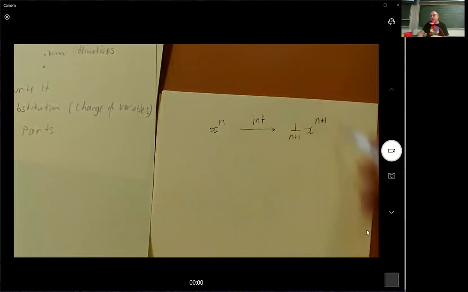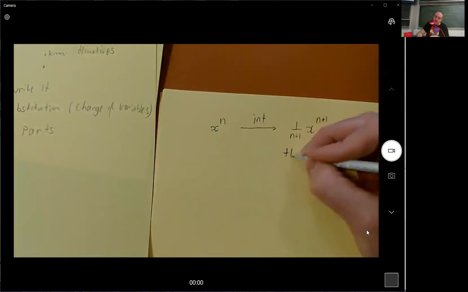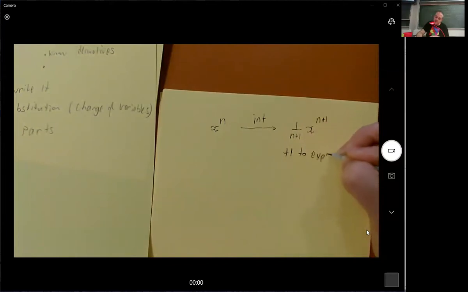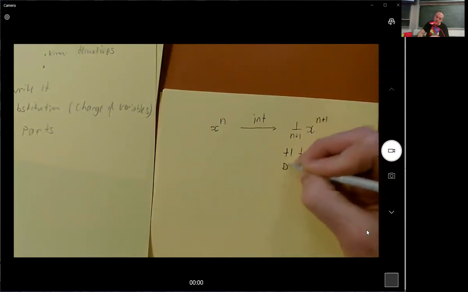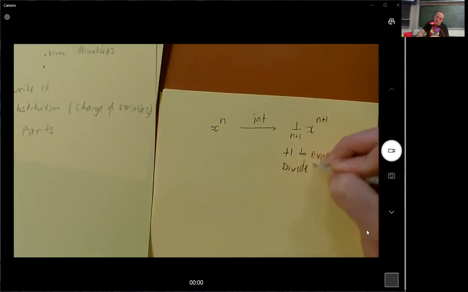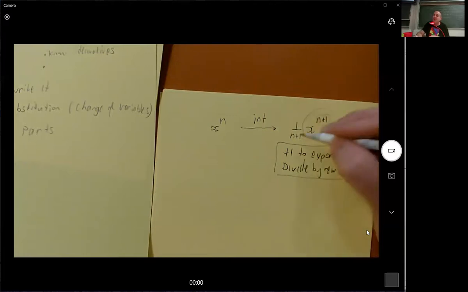I hate writing this as a formula because it doesn't look like what I'm doing in my head. So I'm going plus 1 to the exponent and divide by the new exponent. An exponent is the fancy word for what goes in this position, because technically power is the answer you get at the end.